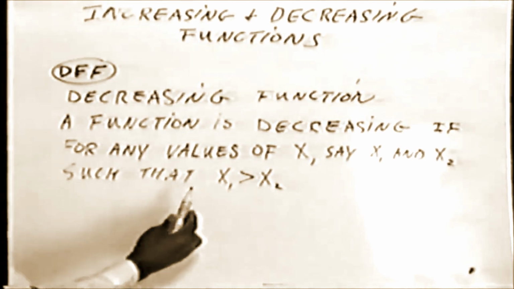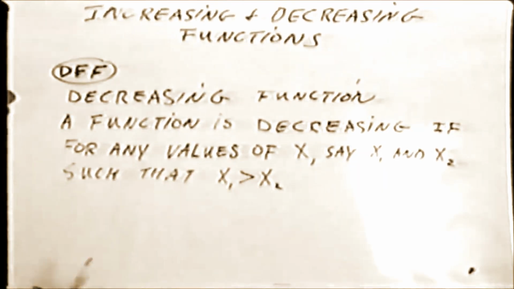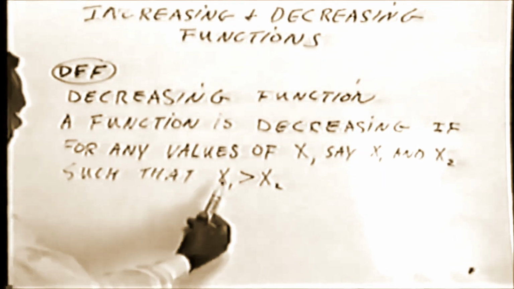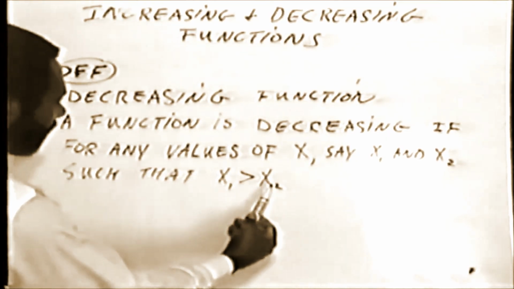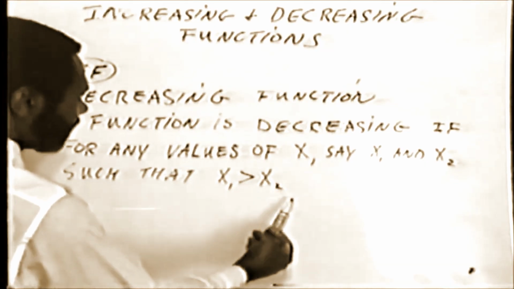So the definition of a decreasing function starts out just like the definition of an increasing function. You choose x1 and x2 so that x1, the first number, is greater than the second number.